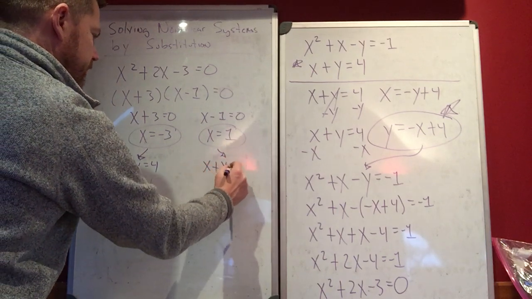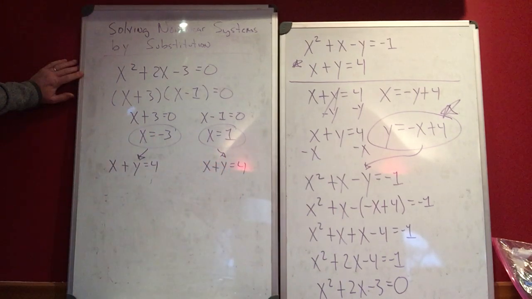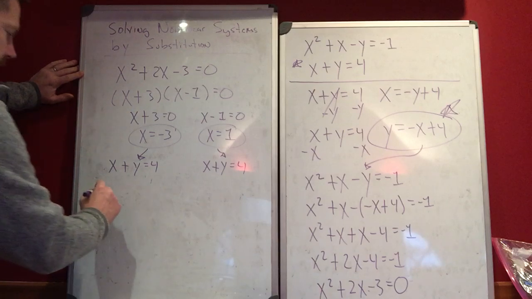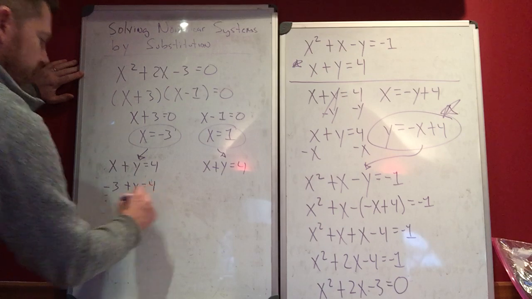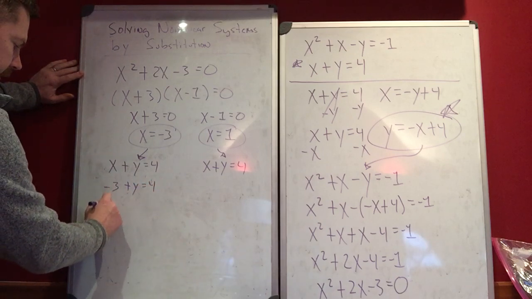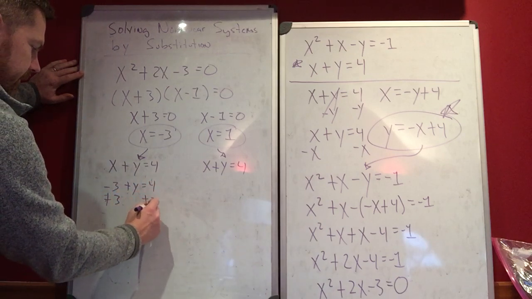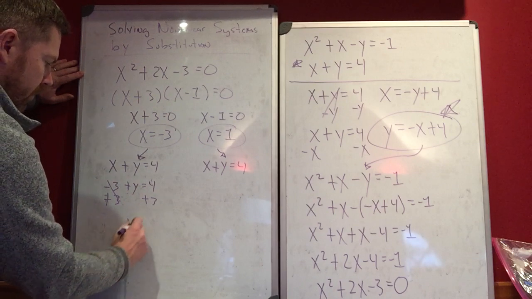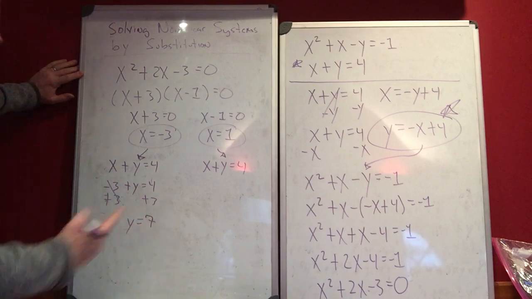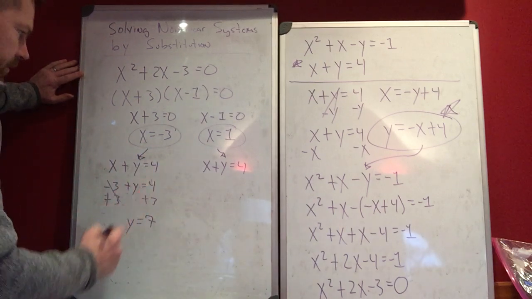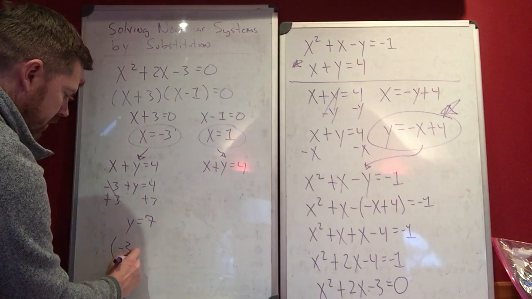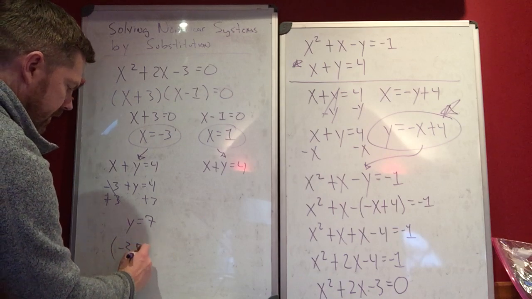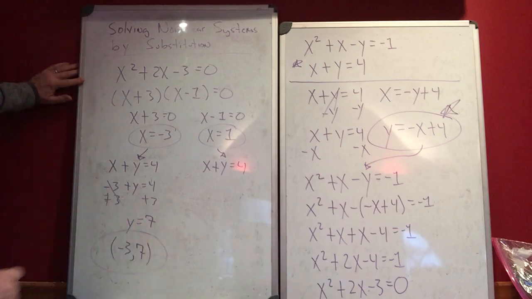X plus y equals 4. And in this case, x is going to equal -3, so we substitute that in. -3 plus y equals 4. In order to get rid of this, we have to add 3 to both sides, right? So y equals 7. So one of our solutions, we're going to have two solutions. One of our solutions is -3, comma 7. Okay, that's one of our solutions.